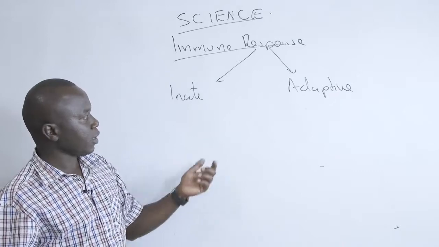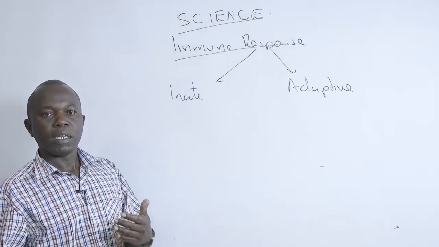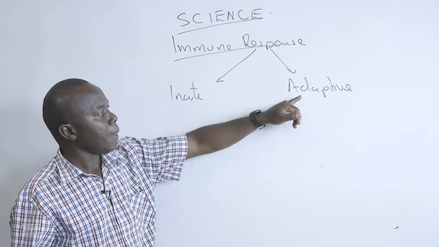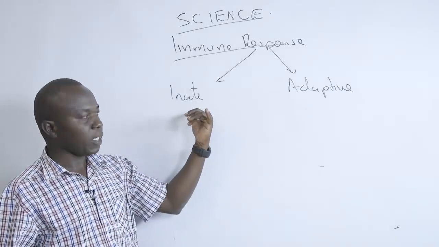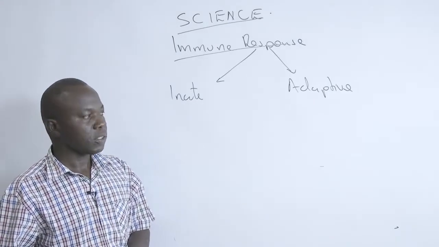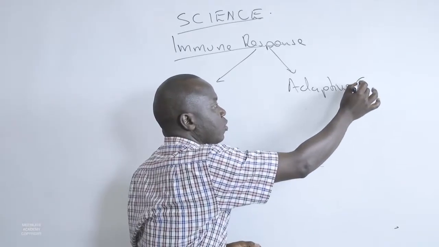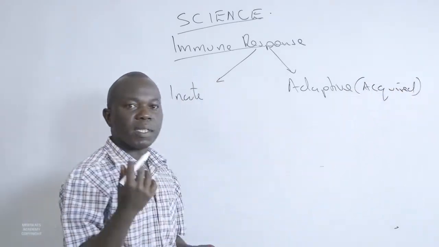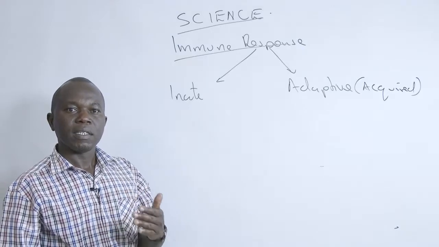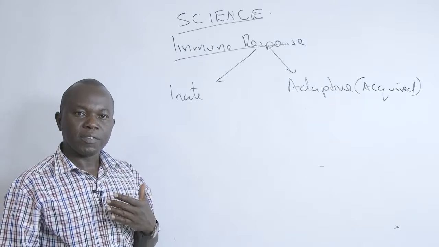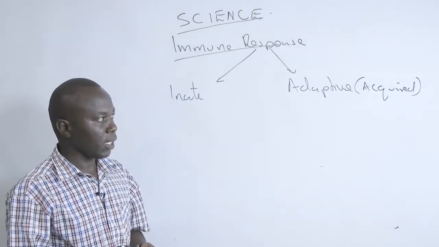Innate is the one which is passed from the parents to the offspring, therefore the person is born with it. And then adaptive immune response is also called acquired. Why? Because the body acquires it after the body has been exposed to the pathogens, either artificially or naturally.